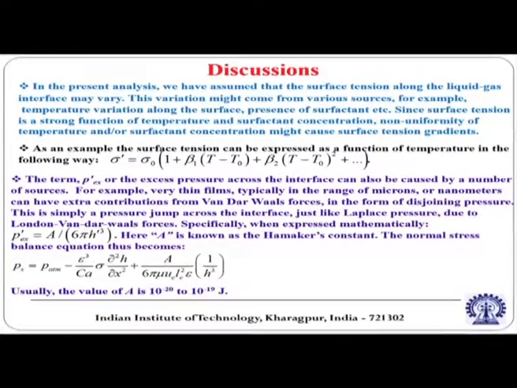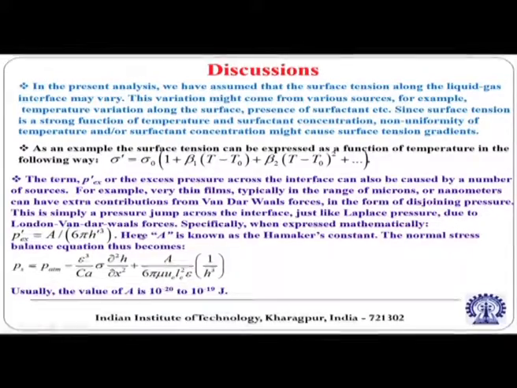I mentioned a reference book where you will get the details of this variation, but to summarize, in a continuum calculation this scales as a parameter A by h prime cube. 6 pi is just a multiplying parameter.